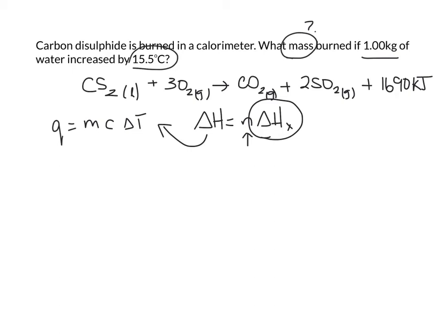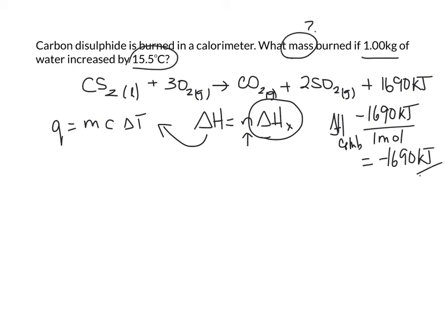Our molar enthalpy is negative 1690 kilojoules divided by the coefficient in front of carbon disulfide. And you've got your molar enthalpy. Cool. Now we can start.